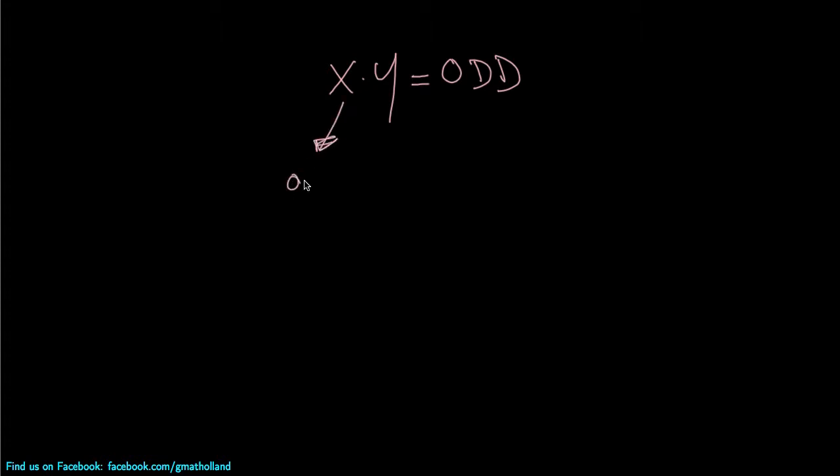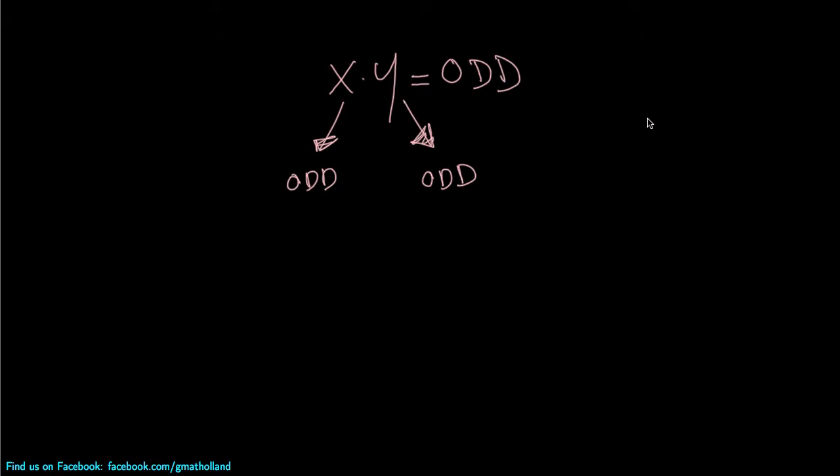In this question, you know that the integer x times the integer y is odd. So then it must be the case that x is odd and y is also odd, because otherwise you could never get the product to be an odd integer.